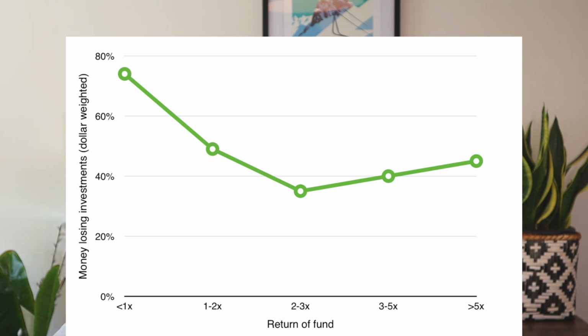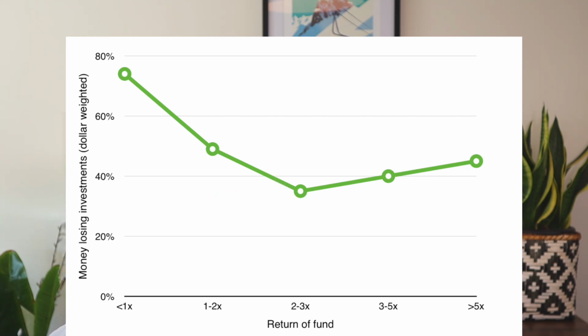As you can see, low performing funds end up making a lot of investments that lose money. So funds that generate a 1x return for their investors make money-losing investments around 75% of the time. And as you'd expect, good VC funds, funds that generate a 2 to 3x return for their investors, make fewer money-losing investments than low-performing funds.